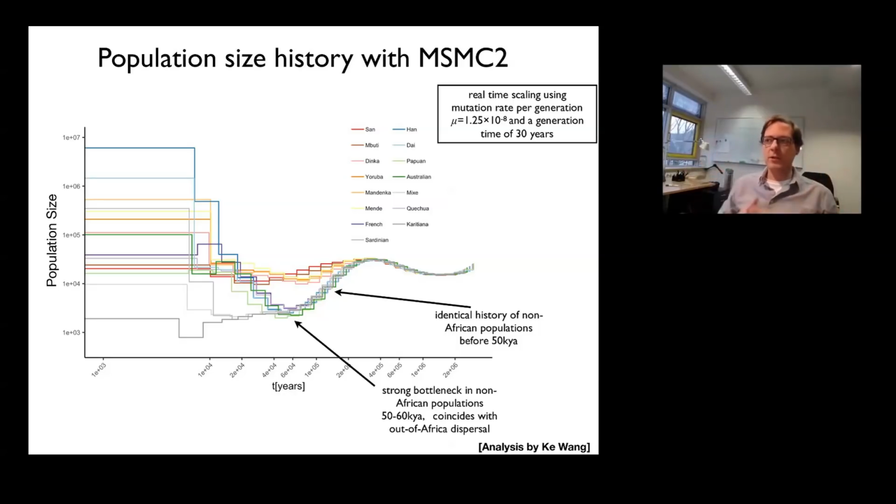So the first main dispersal out of Africa in recent times of anatomically modern humans. There are some traces of anatomically modern humans also after that.